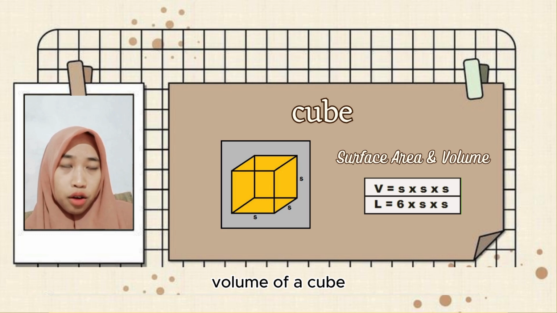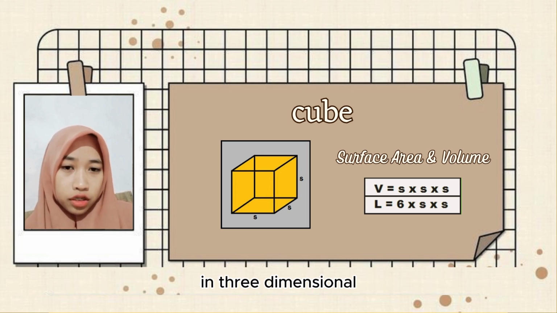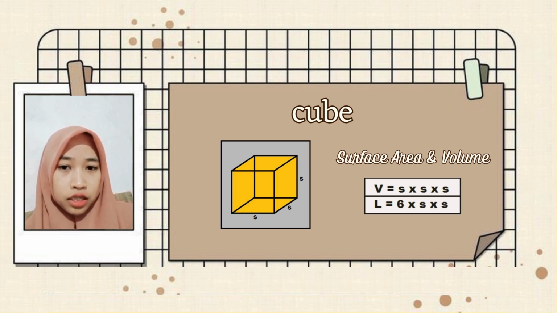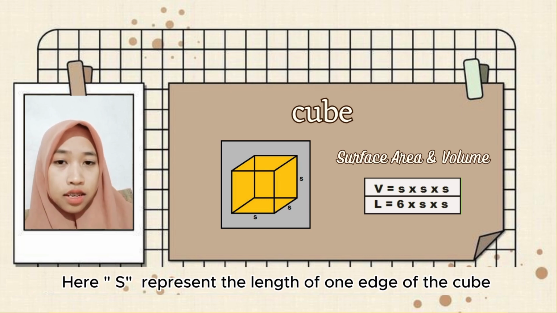Next, volume of a cube. The volume of a cube is the amount of space it occupies in three dimensions. It can be calculated using the formula volume equals S times S times S. Here, S represents the length of one edge of the cube.